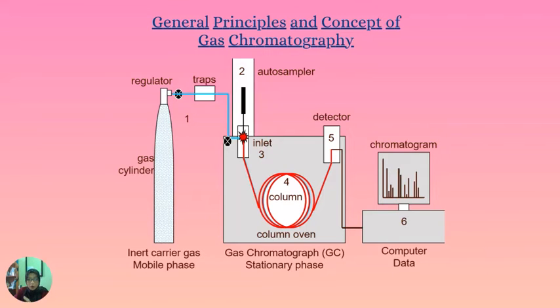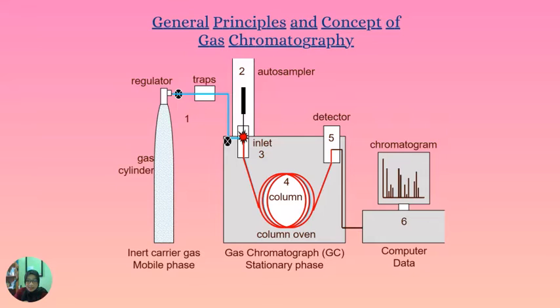The carrier gas flows through the instrument from a gas cylinder as shown as number 1 in the figure. The carrier gas is kept in a gas cylinder which has a molecular sieve to remove water and impurities that may affect the sample during the analysis.